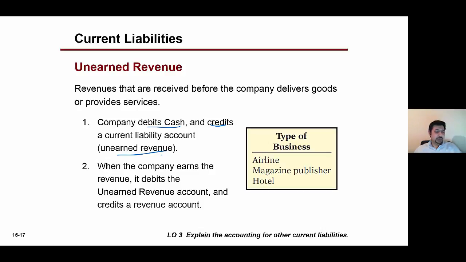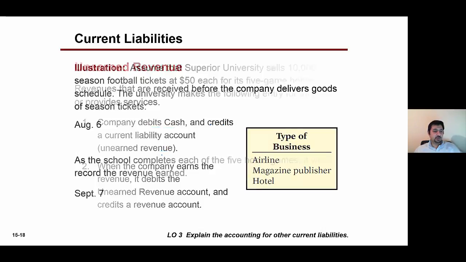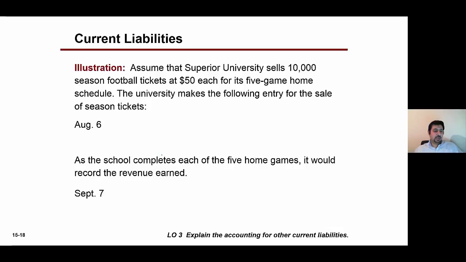So let's see an example which would explain it better. Assume that Superior University sells 10,000 season football tickets at $50 each for its 5-game home schedule. Now the university will make the following entry for the sale of the season tickets.